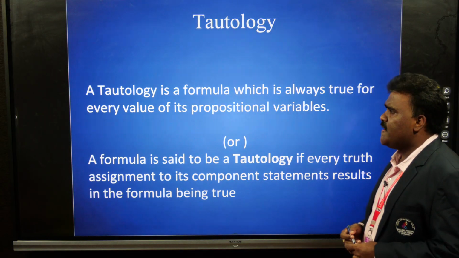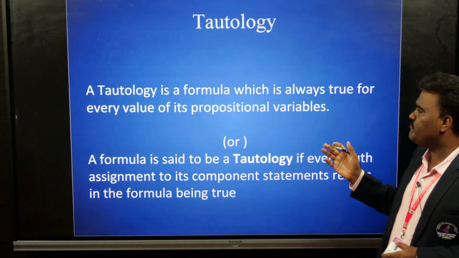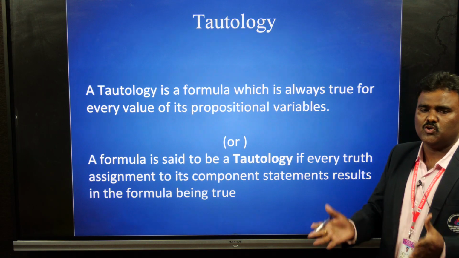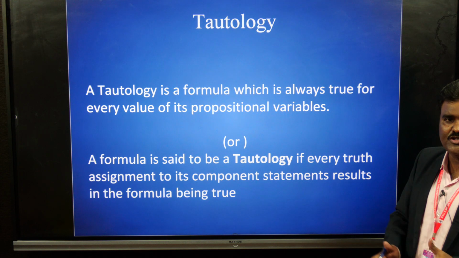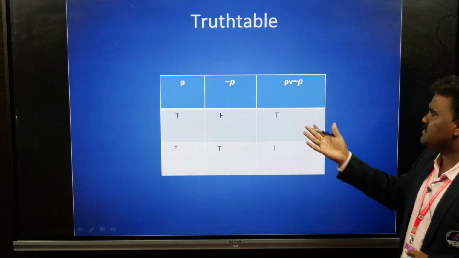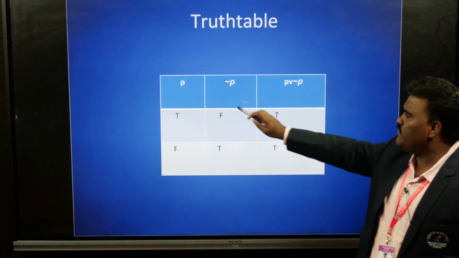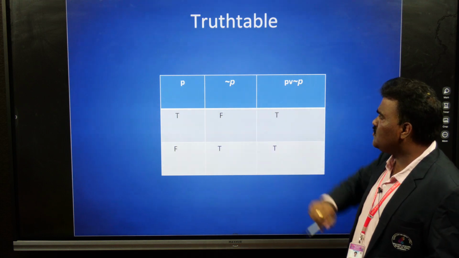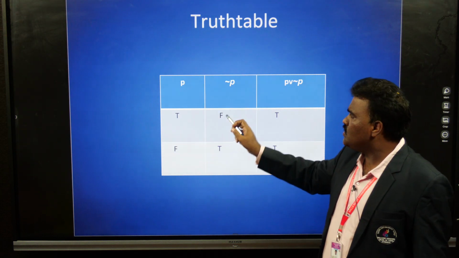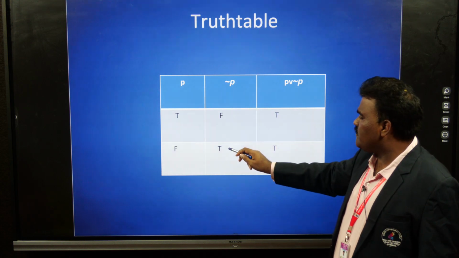Next, tautology. A tautology is a formula which is always true for every value of its propositional variables. Tautology is nothing but always producing true only; in the truth table, the result must be true only. Here is a sample truth table for tautology. We have two statements: P and the negation of P. If P is true, the negation of P is false, and if P is false, the negation of P is true.